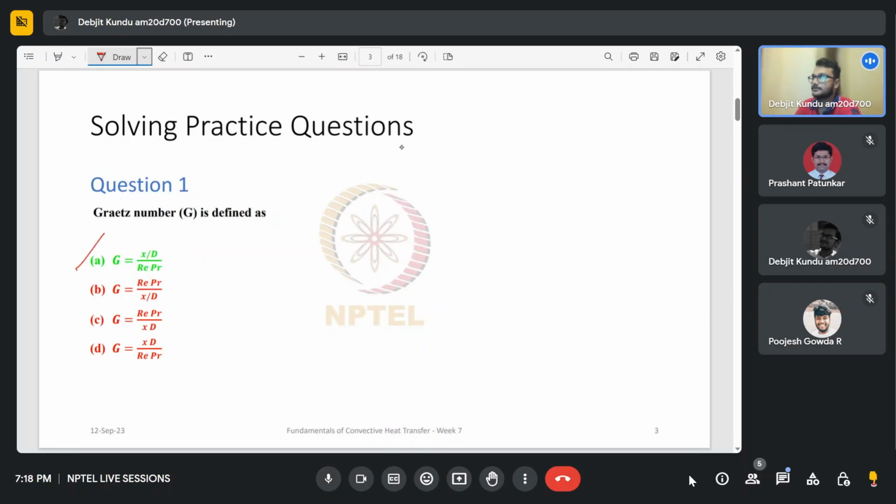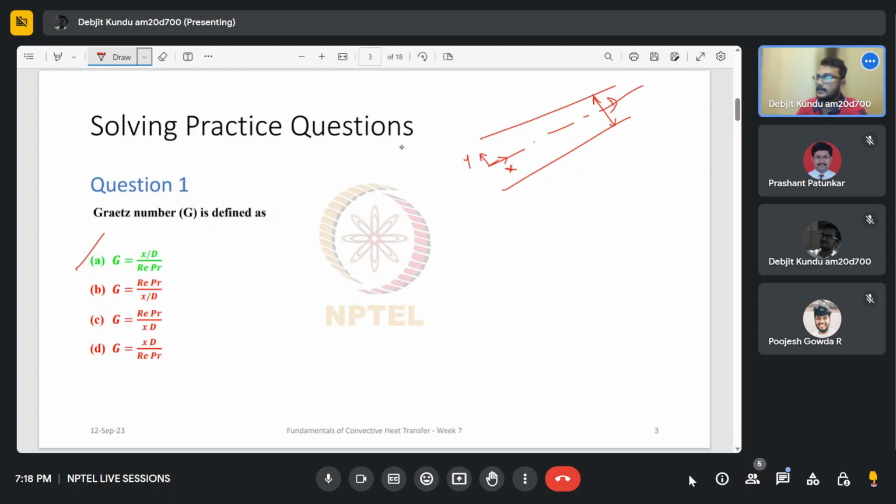Let's say I have a circular duct like this of diameter d, and x is the axial dimension. So I have y here and x here.